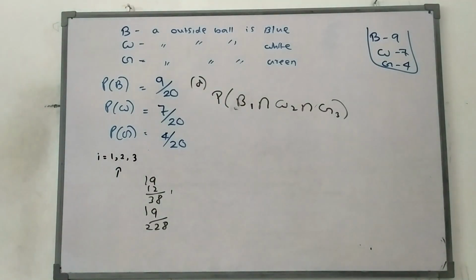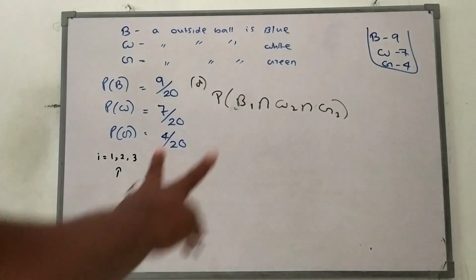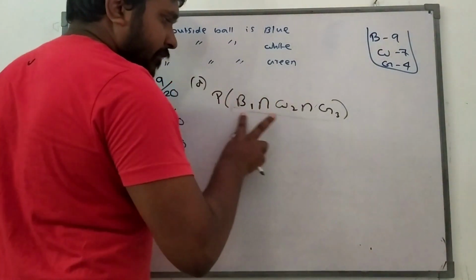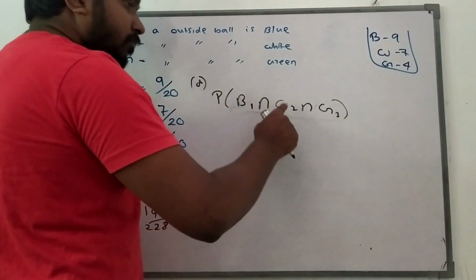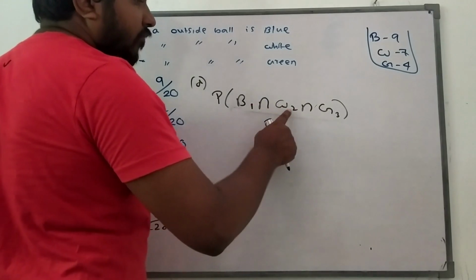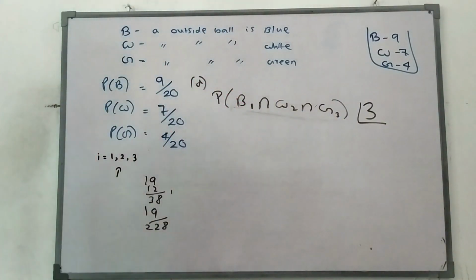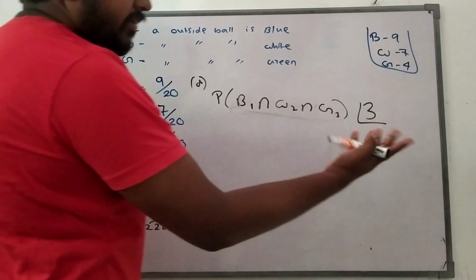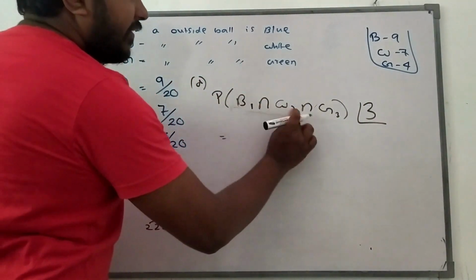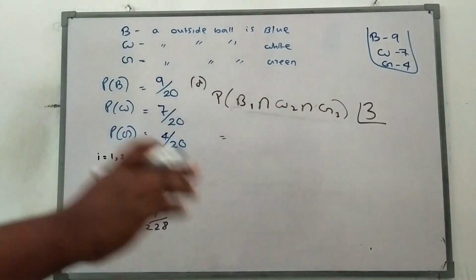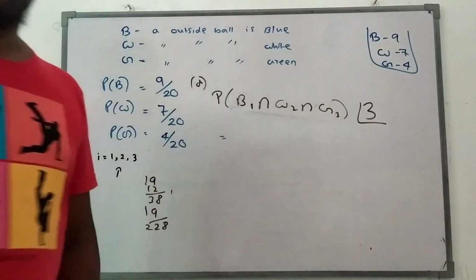Or the first one blue, white and green, likewise. So these can happen as white, blue, green, and green, white, blue. We have factorial 3 separate ways of that situation occurring. Factorial 3 means 3 into 2, which is 6. Actually, we can write the six ways of happening: blue, white, green.